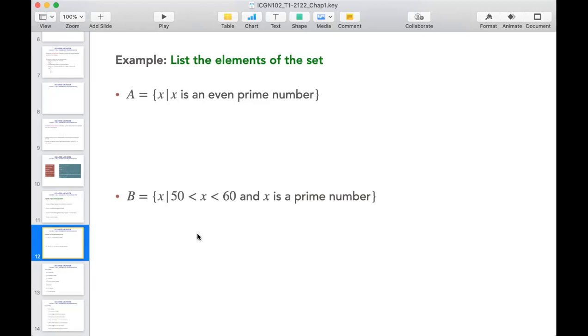For example, if we talk about 1, is 1 a prime number? Let's check. Is 1 divisible by 1, right? 1 over 1 is okay, isn't it? 1 over itself, and itself is 1, so 1 is a prime number.